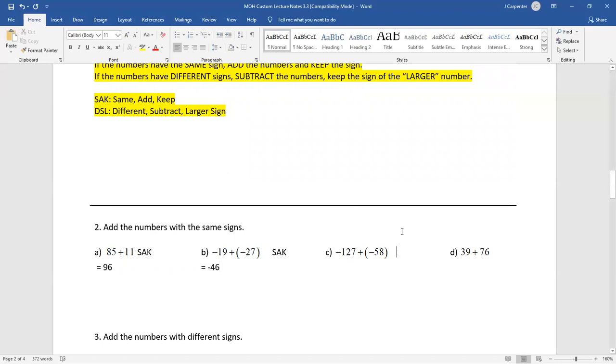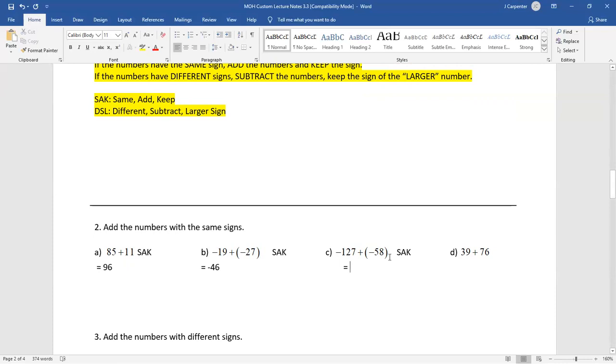Next up we have C, which once again, they're doing things a little too easy in terms of order here. Negative 127 and negative 58, those have the same signs, and we're adding them. So same sign, add the numbers, keep the sign. Same signs, negative, negative. So we add the 127 and the 58.